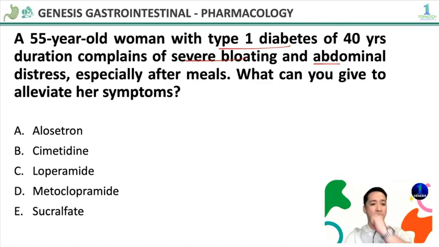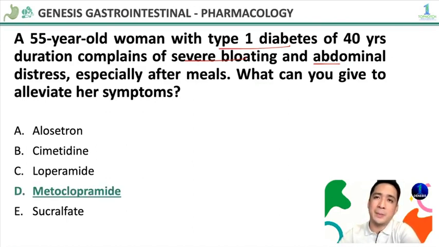Which of the following amongst the choices is a prokinetic agent? So you're correct if you're going to answer the D2 antagonist metoclopramide. You're familiar with the drug Plasil? That's the trade name for metoclopramide. Metoclopramide is a prokinetic agent.